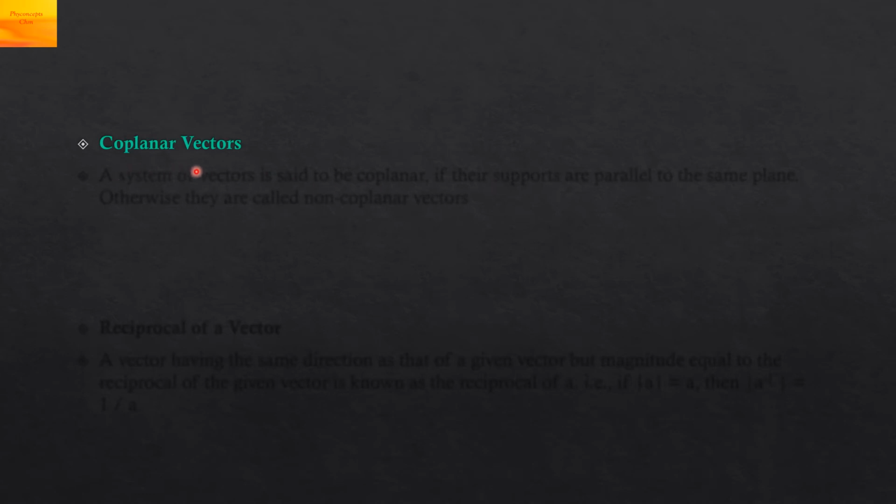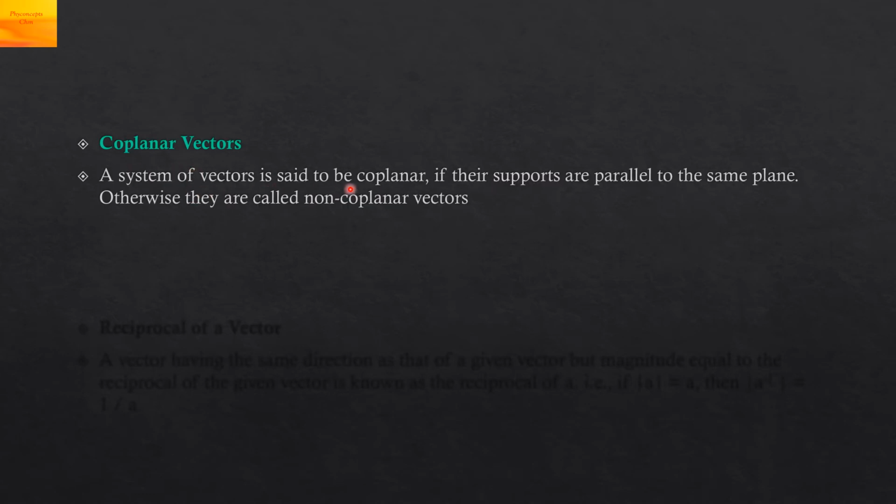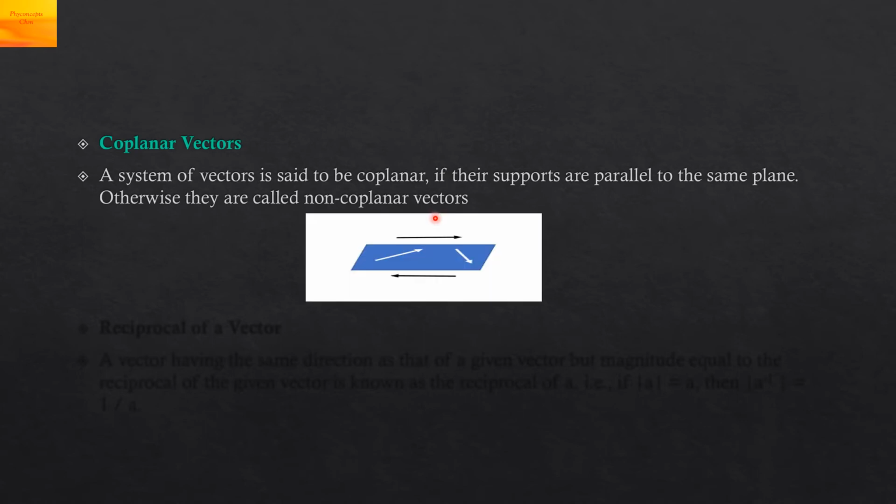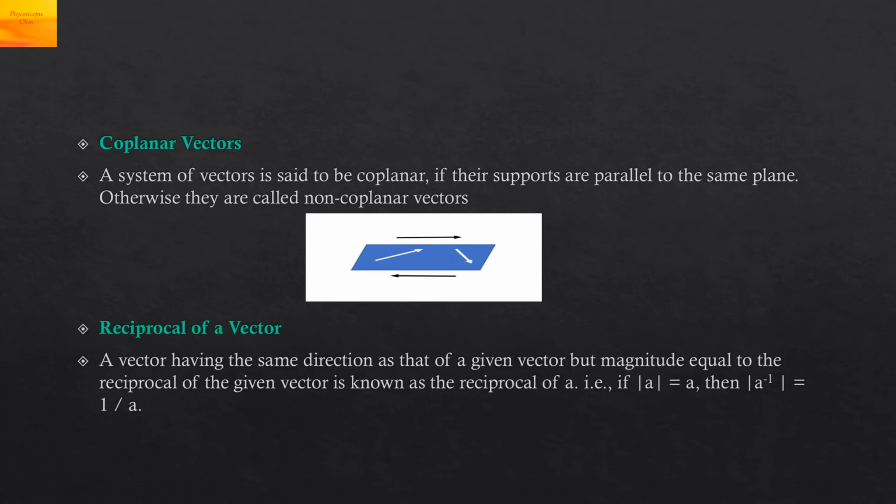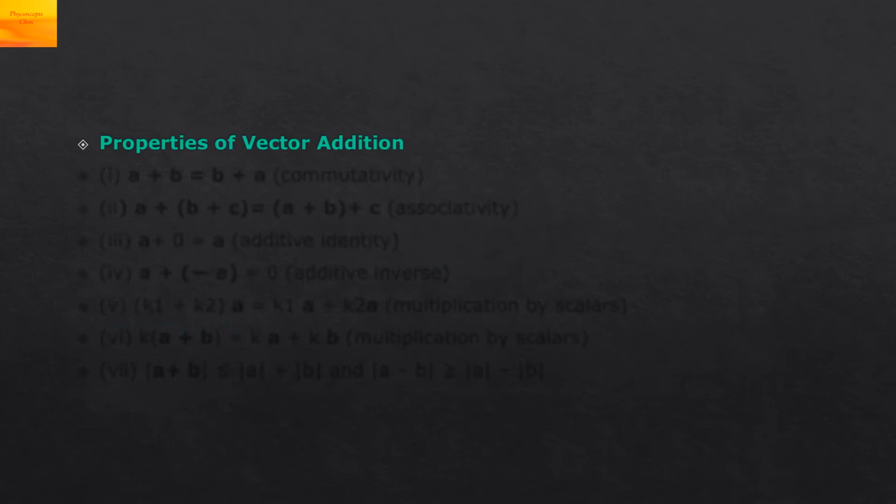Coplanar vectors. A system of vectors is said to be coplanar if their supports are parallel to the same plane. Otherwise, they are called non-coplanar vectors. So these vectors are on the same plane. Then properties of vector addition.